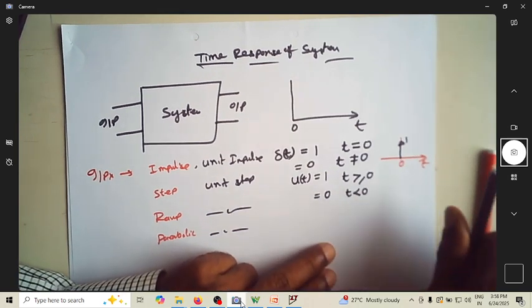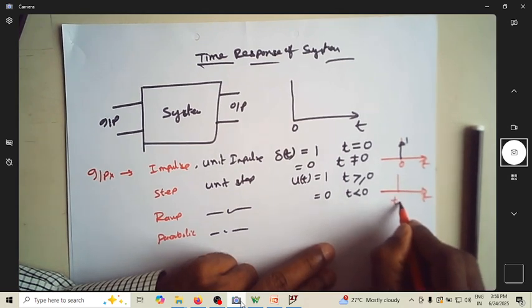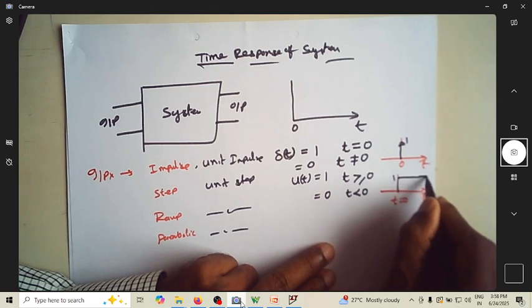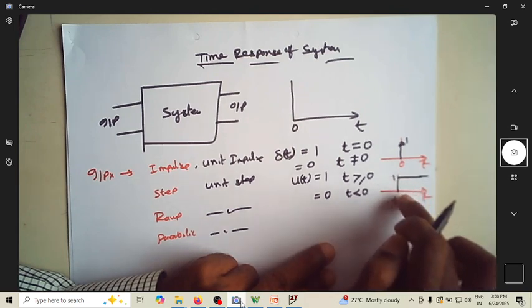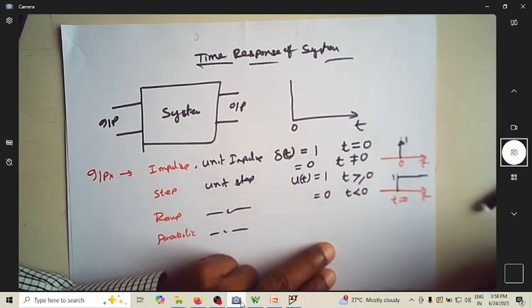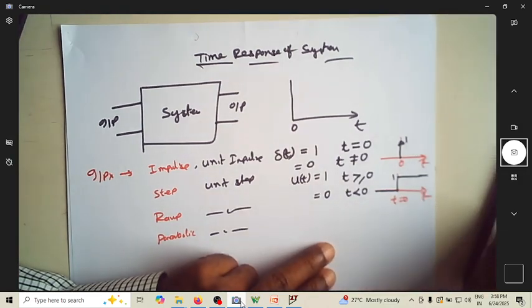Meaning, if this is t and this is at t equal to 0, then the unit step input is of magnitude 1 for all values of t greater than 0 including 0, and it is 0 before that. You can just write it this way.